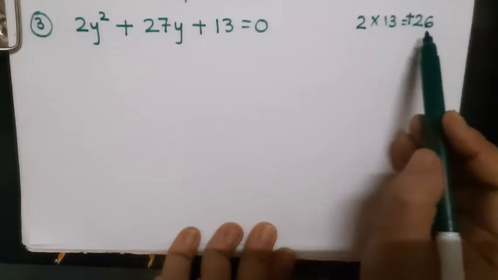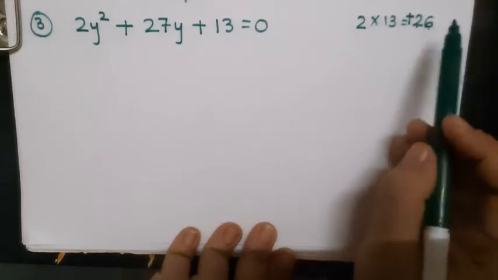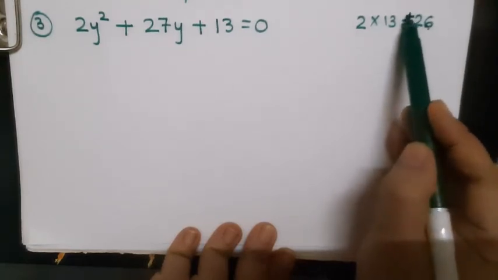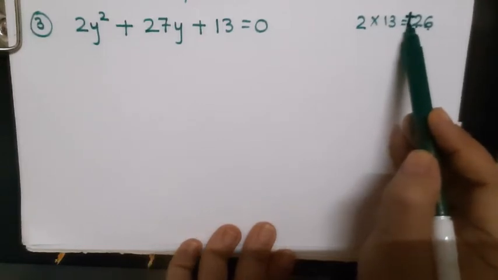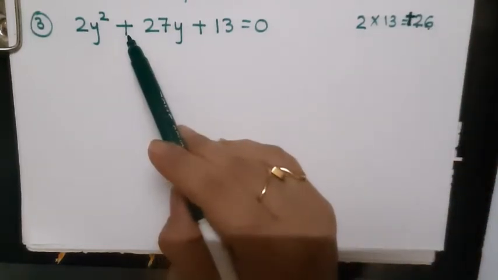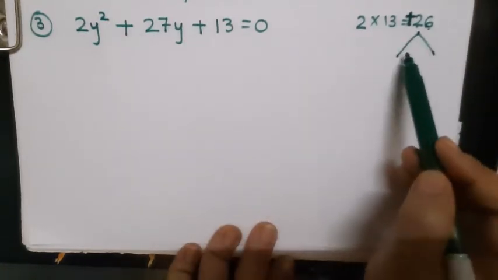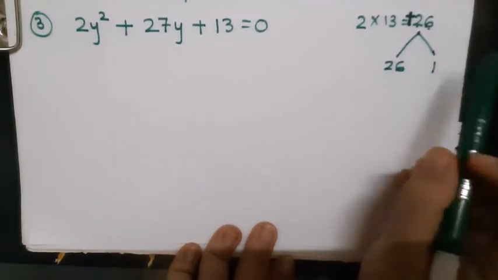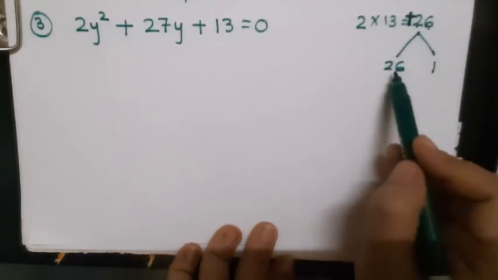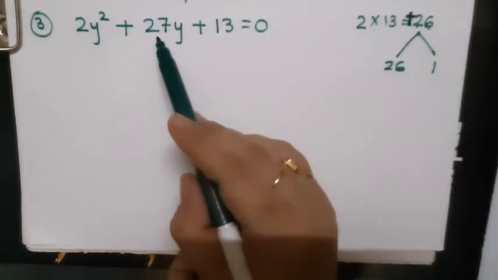We have to find the factors of 26 such that when we multiply we get 26, and when we add, which sign is here? Plus. So when we add both the factors, we must get the middle term. So what are the factors of 26? 26 ones are 26, and 26 and 1 when we add together we get 27.